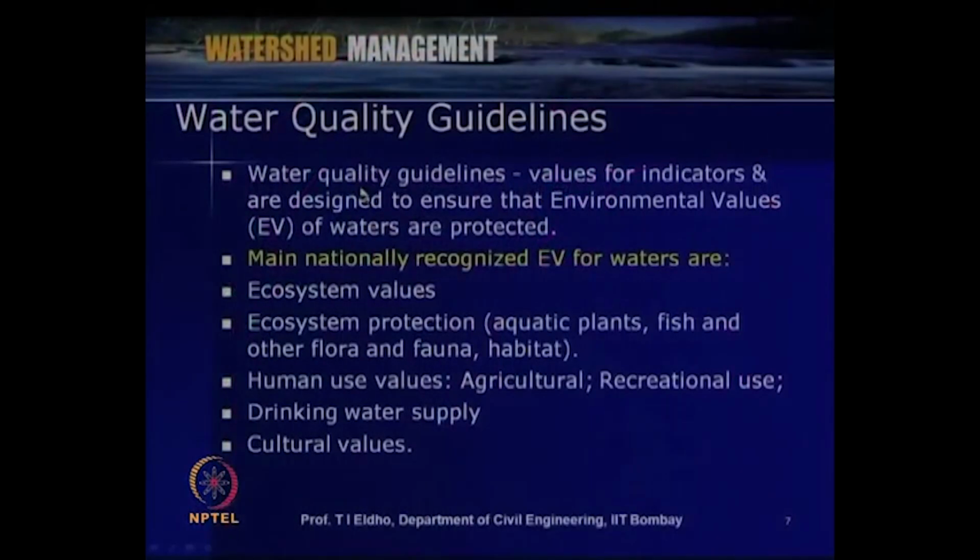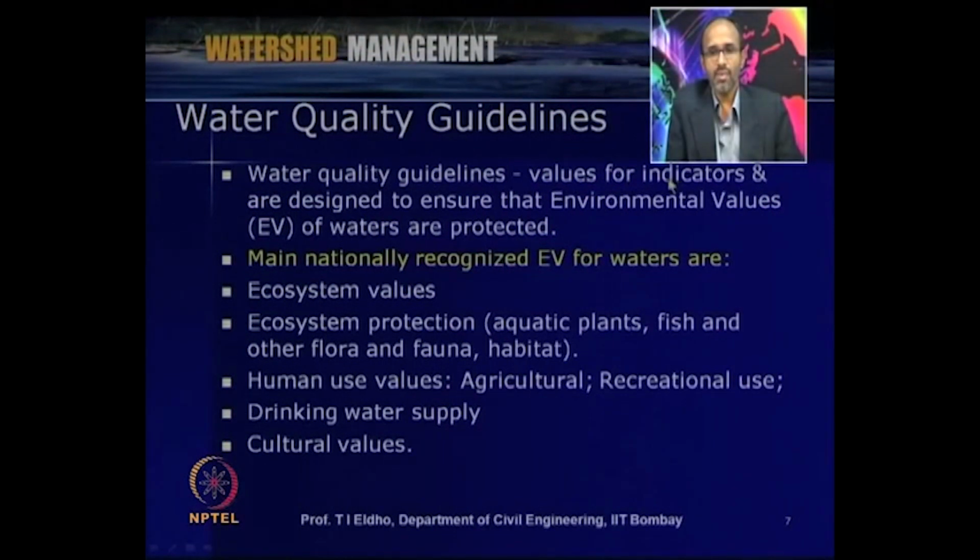Now, let us look into various issues related to water quality guidelines. As we discussed, this guideline shows values for indicators and is designed to ensure that various environmental values of waters are protected.